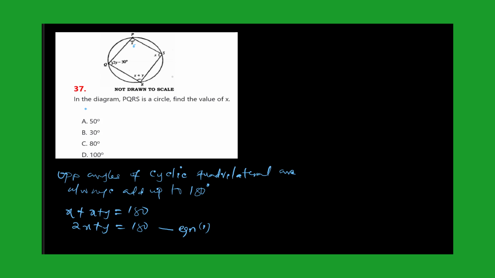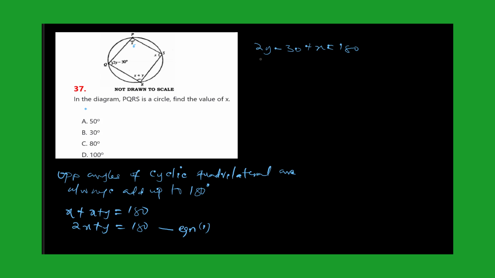So also this opposite angles, angle Q and S, which is 2y minus 30, plus x will give us 180 according to this theorem.